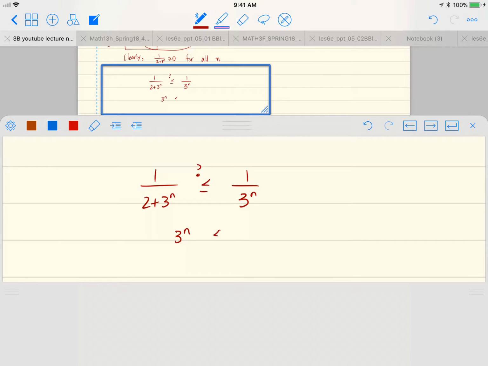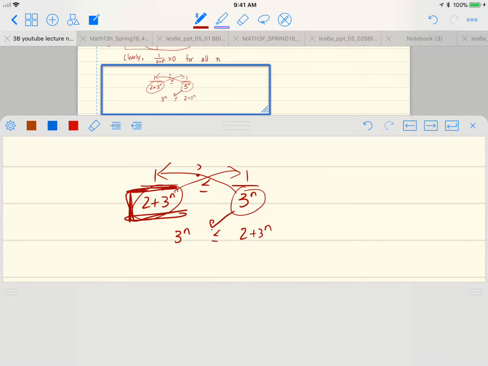So we're asking, is 3 to the n less than or equal to 2 plus 3 to the n? And we'll say yes. So good. Essentially, since this denominator is larger than that denominator, the reciprocal is smaller than the reciprocal of the other one.